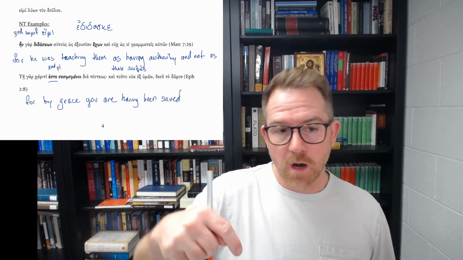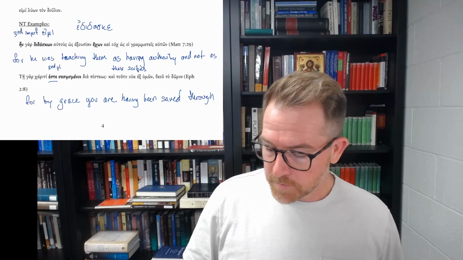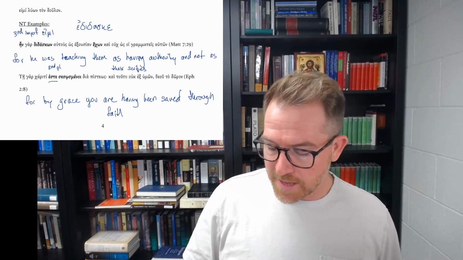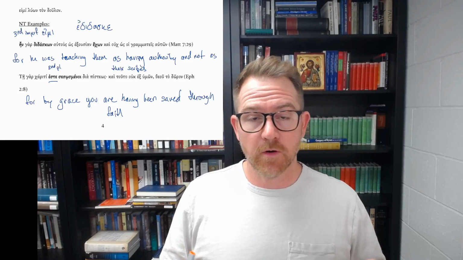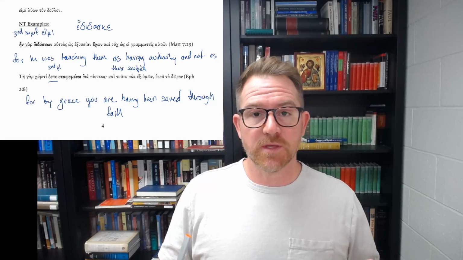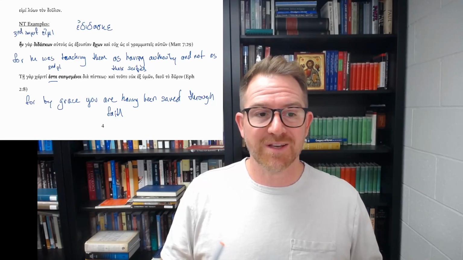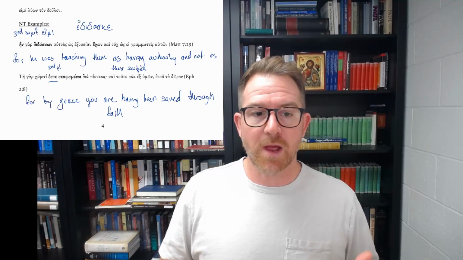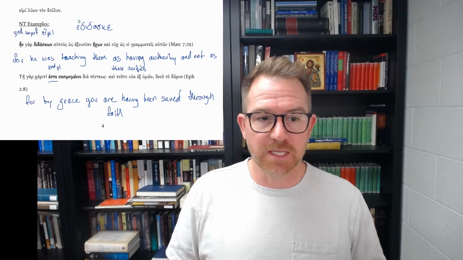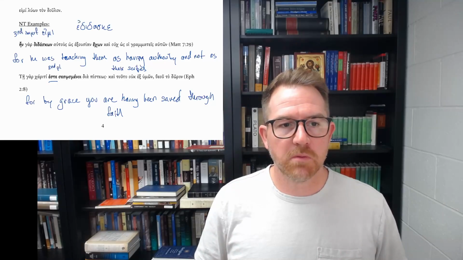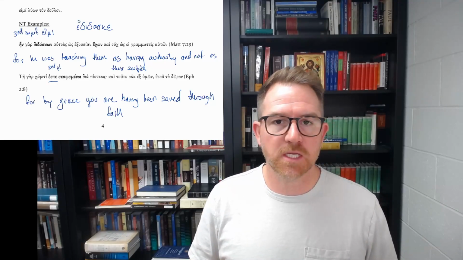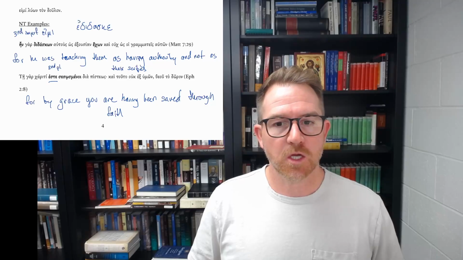So you are having been saved, dia pisteōs, through faith. So again, you have this periphrastic participle where you take the eimi verb and you combine it with the participle, in this case, a perfect passive participle, to get the roundabout way of saying you are having been saved. So just different ways of doing it. You do see periphrastic participles. They're not especially common, but they do occur in the New Testament. Good to be aware of them.